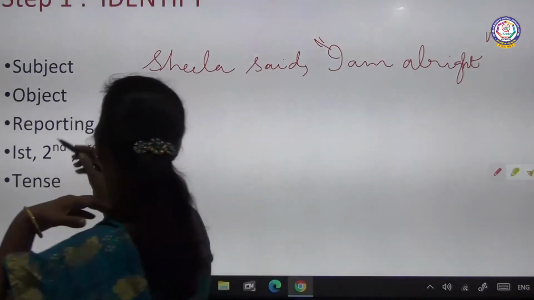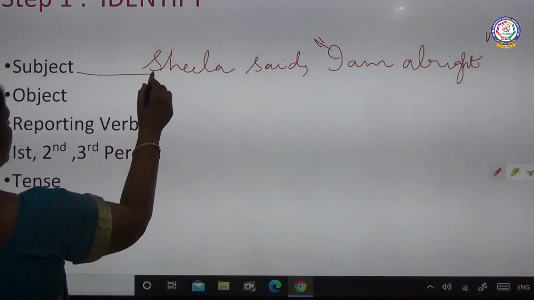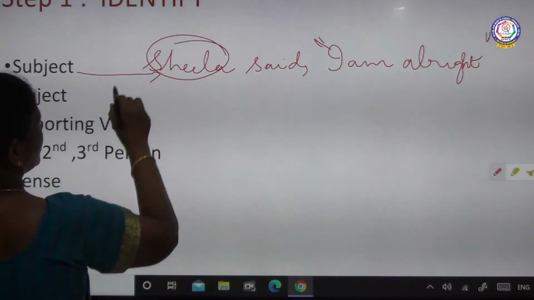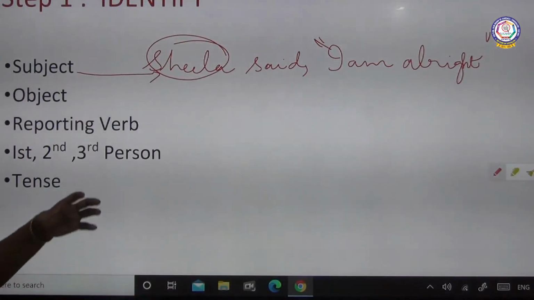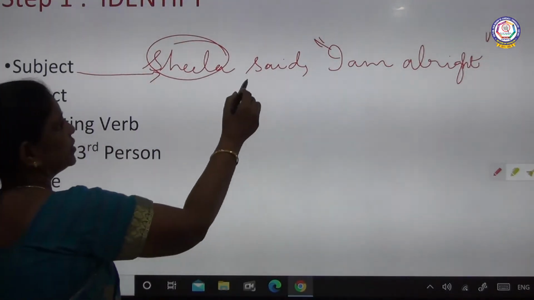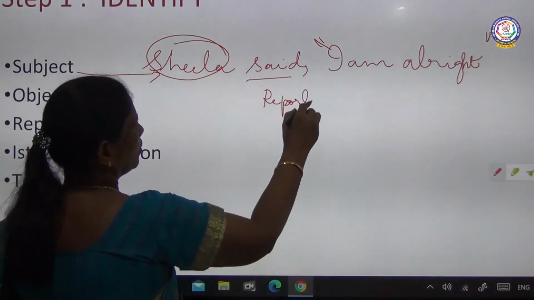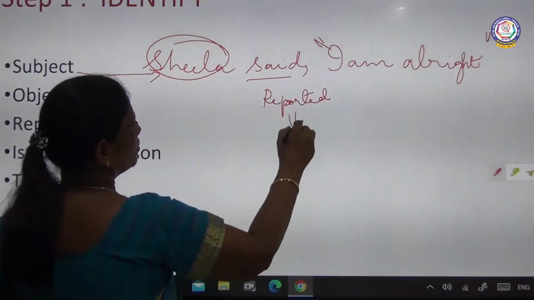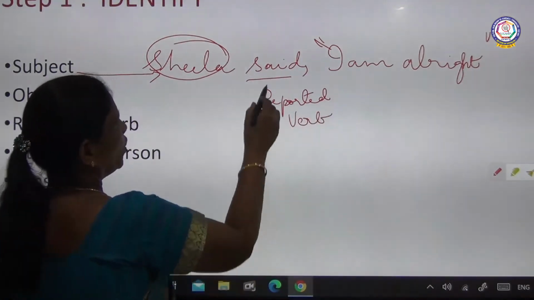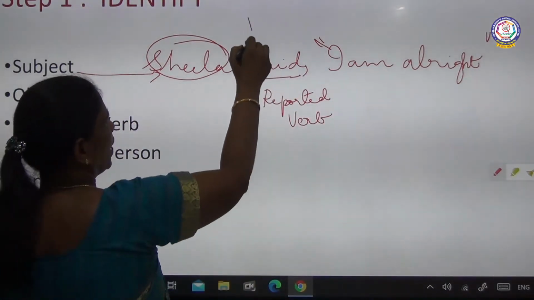So here what is the subject, children? Sheila is the subject. And what she said is the reporting verb. And what is the tense of the reporting verb? It is in past tense.